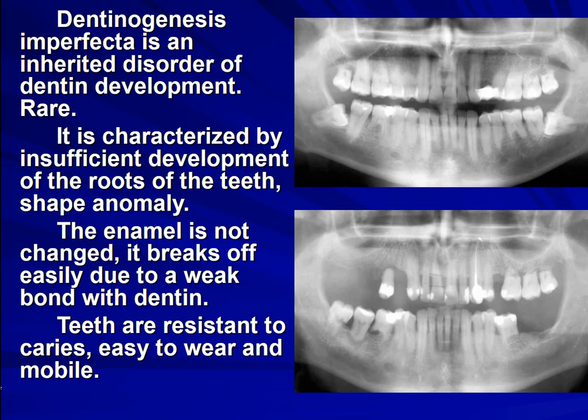Dentinogenesis imperfecta is an inherited disorder of dentin development. This is a rare disease. It is characterized by insufficient development of the roots of the teeth.